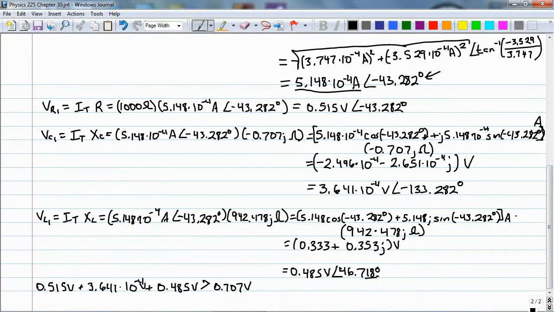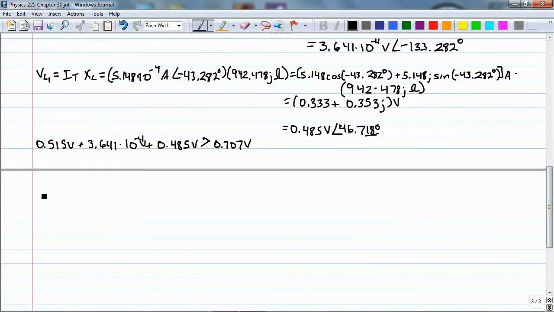So if we wanted to verify Kirchhoff's voltage law, we can say the voltage of the resistor 1 plus the voltage of inductor 1 plus the voltage of capacitor 1 is equal to V1, the source, if we add them with the phase angles.